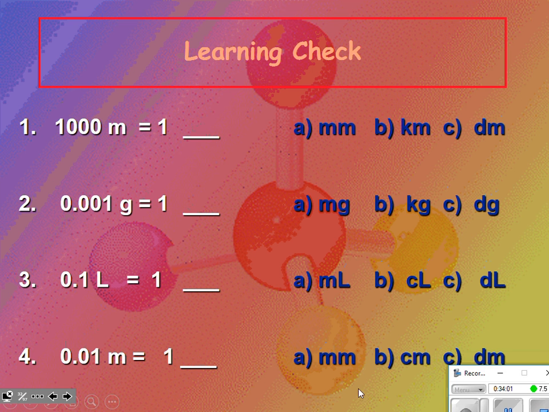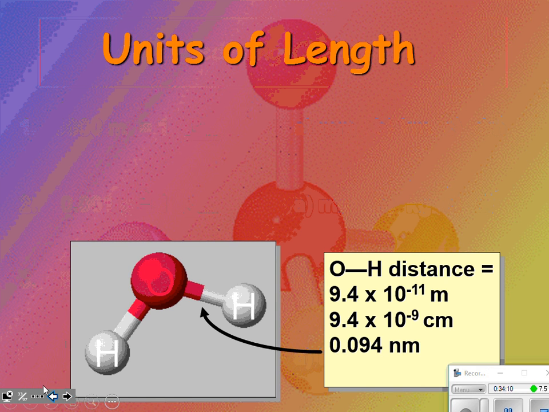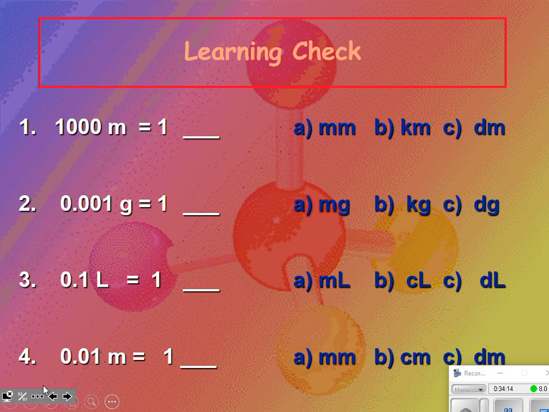On my learning check here, 1,000 meters is equal to letter B, a kilometer. 0.001 grams is equal to A, milligram. 0.1 liters is equal to C, 1 deciliter.